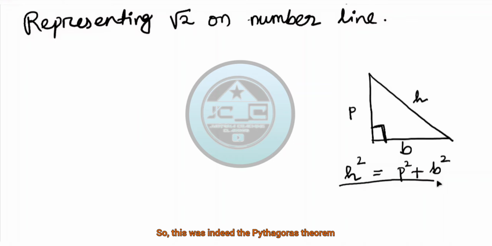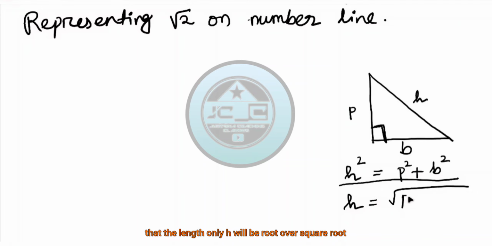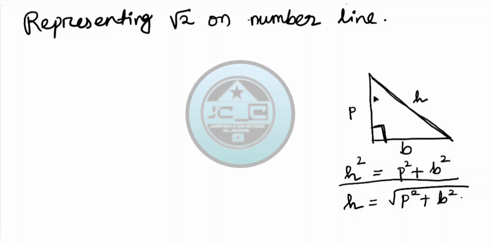So this was the Pythagoras theorem, and from this we know that the length of h will be root over, or square root, of p square plus b square. That means the hypotenuse will be equal to the square root of the square of p plus the square of b. So this is about the Pythagoras theorem.